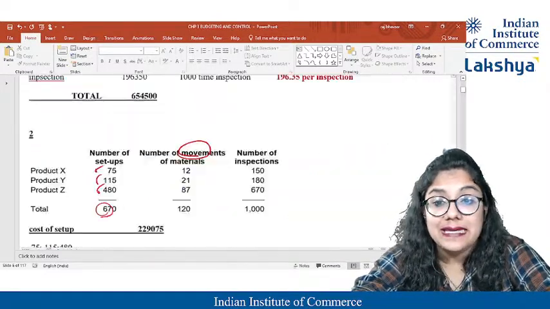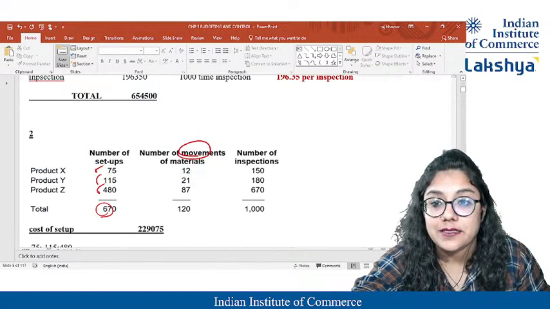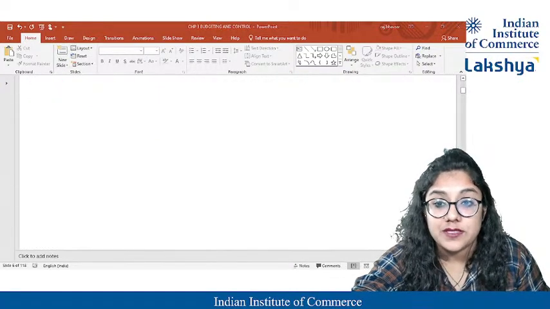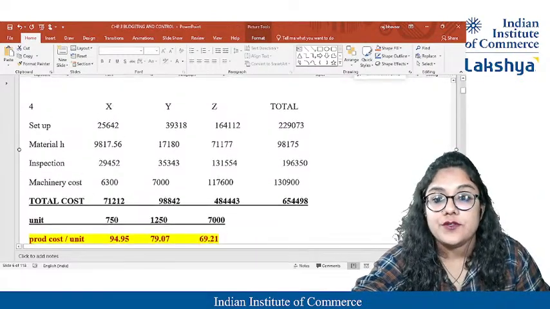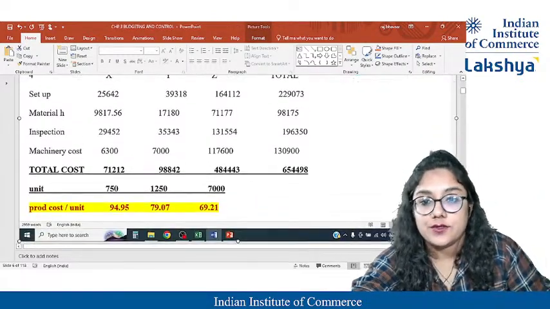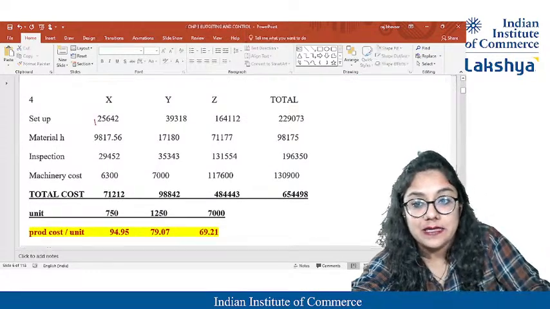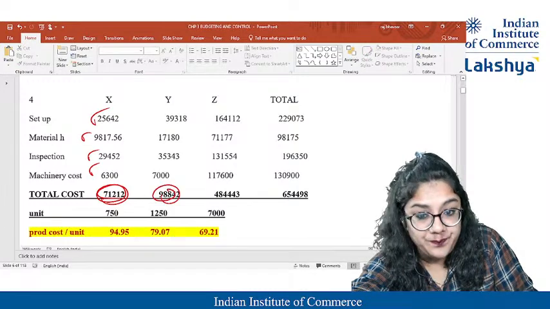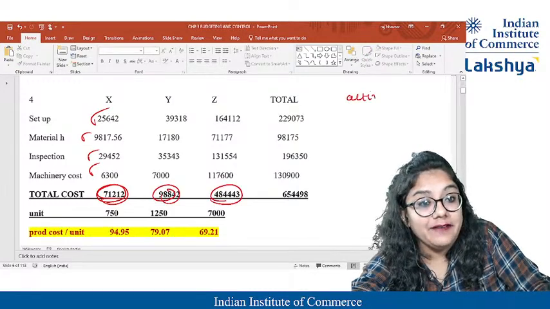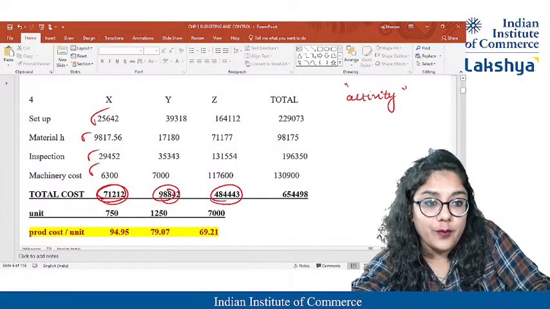So students, I get this figure if I multiply each and every item. This is the total cost of X, Y, Z: the setup cost, the material handling, inspection and this. So this is my total cost based on the activities which they have provided.